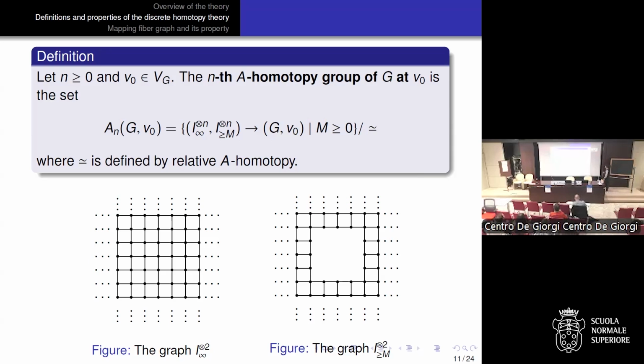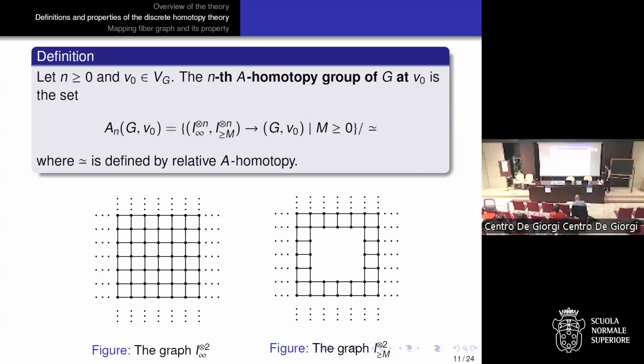Here, I_infinity is just a line graph, so its shape is isomorphic to the set of integers: vertices and just line-shaped edges. And take its n-th tensor power, I_infinity tensor n. For example, if n equals 2, the graph is like this picture.